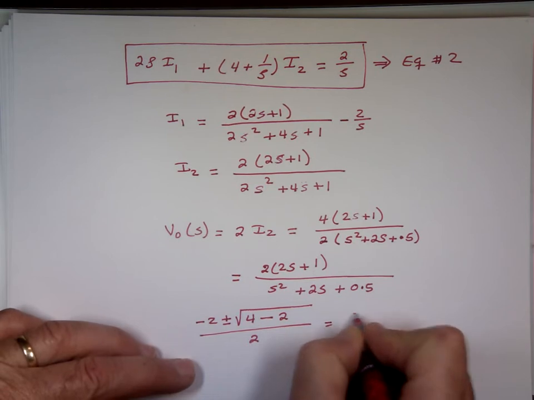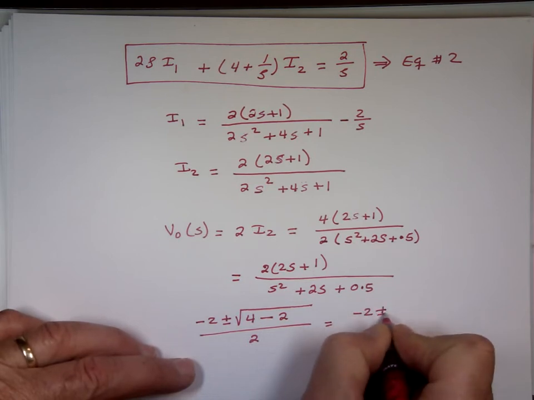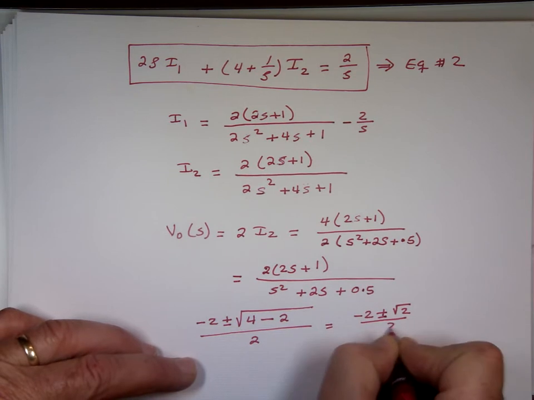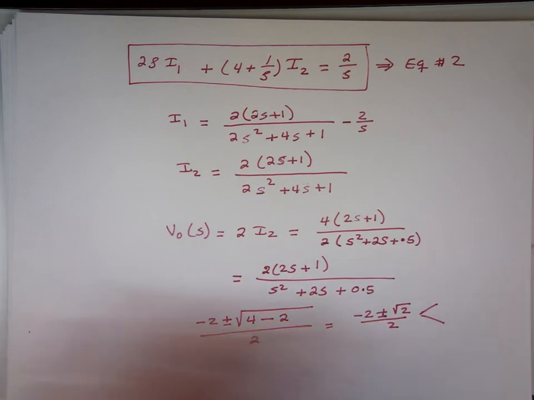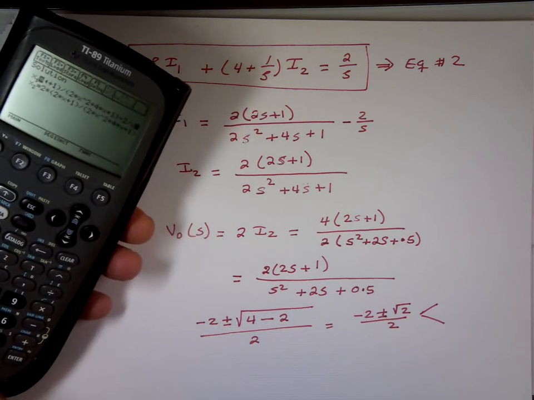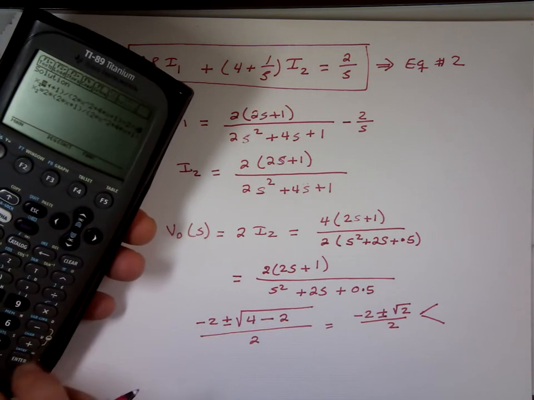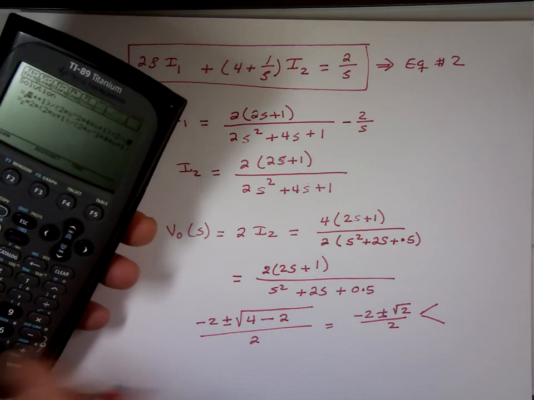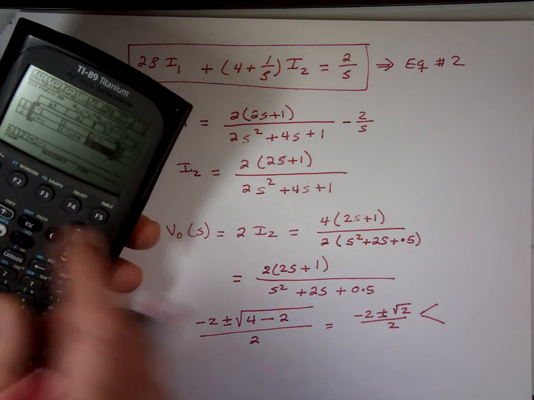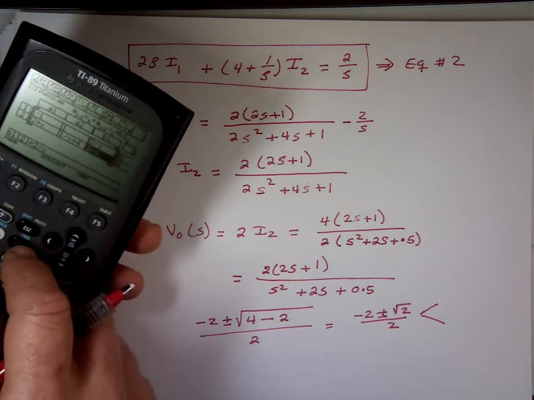Minus 2 plus or minus the square root of 2, divided by 2. If you want to use decimal values, you can give that to be what? I'm excited about learning solving quadratic here, actually. So I learned something new today.